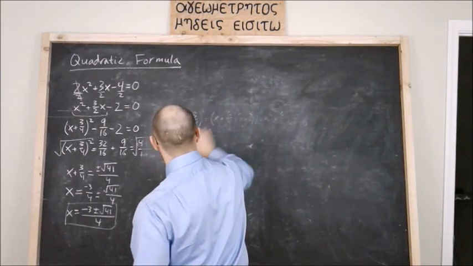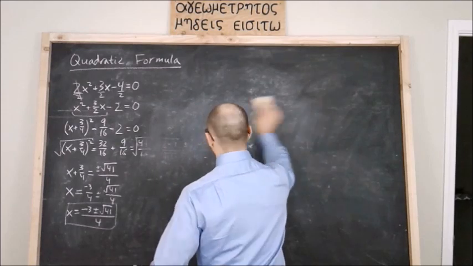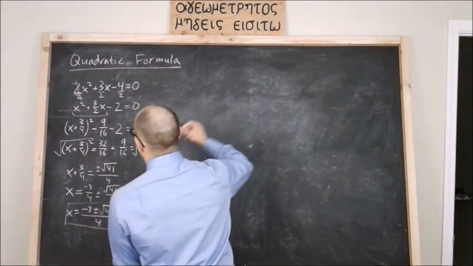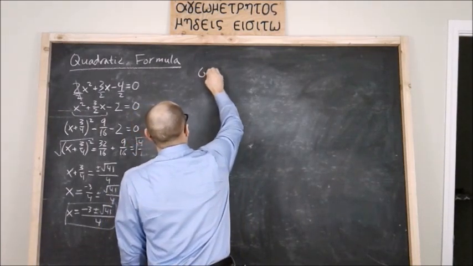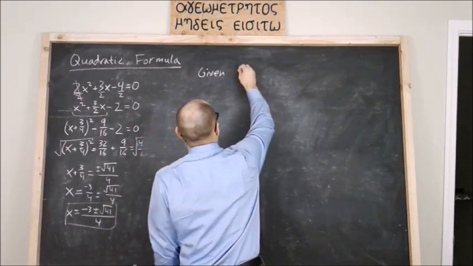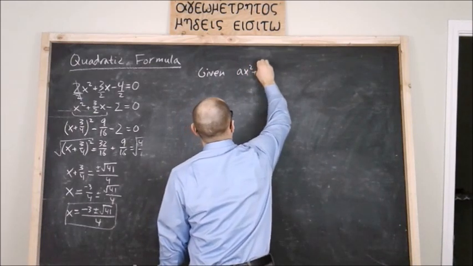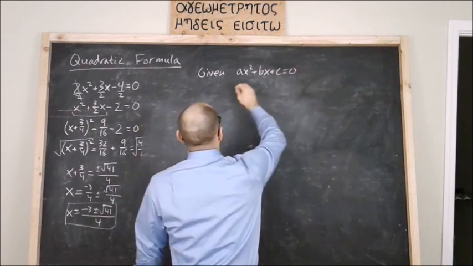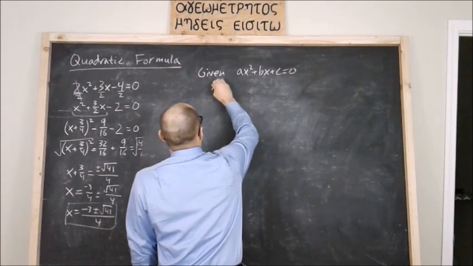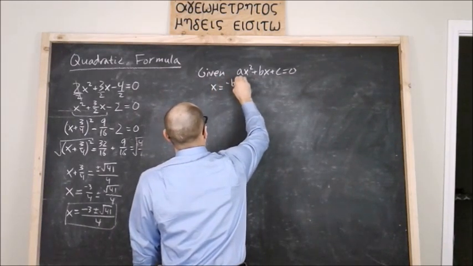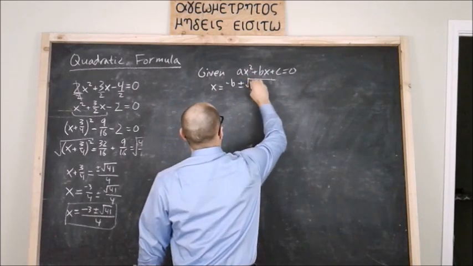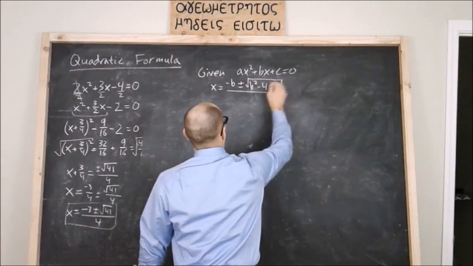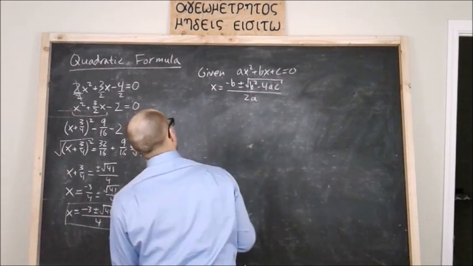When I was completing the square, we ultimately derived what's called the quadratic formula, where given some trinomial ax squared plus bx plus c equal to 0, we can solve for x, and that was negative b plus or minus square root of b squared minus 4ac all over 2a.